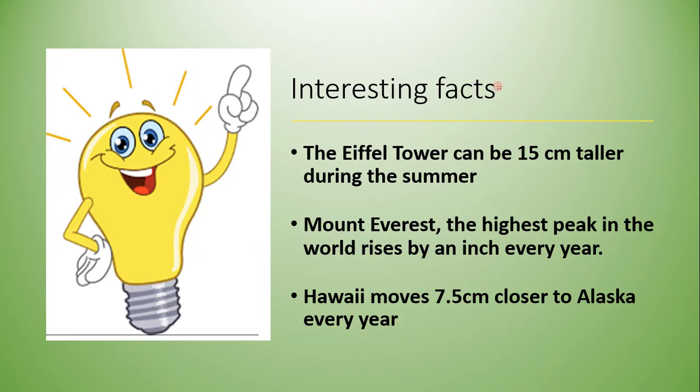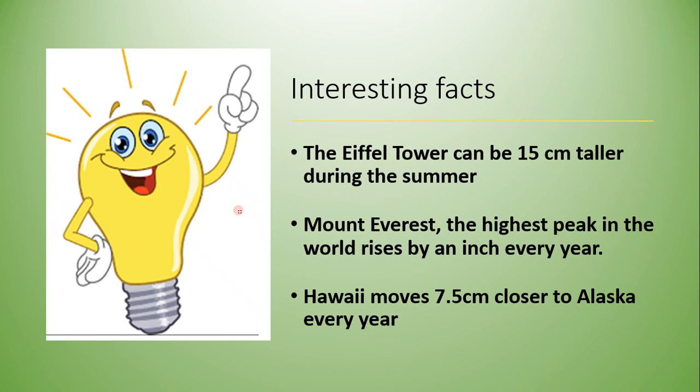Understood? Interesting facts. The Eiffel Tower can be 15 centimeters taller during the summer. Mount Everest, the highest peak in the world, rises by an inch every year. Hawaii moves 7.5 centimeters closer to Alaska every year. These are the interesting facts. This is a change.